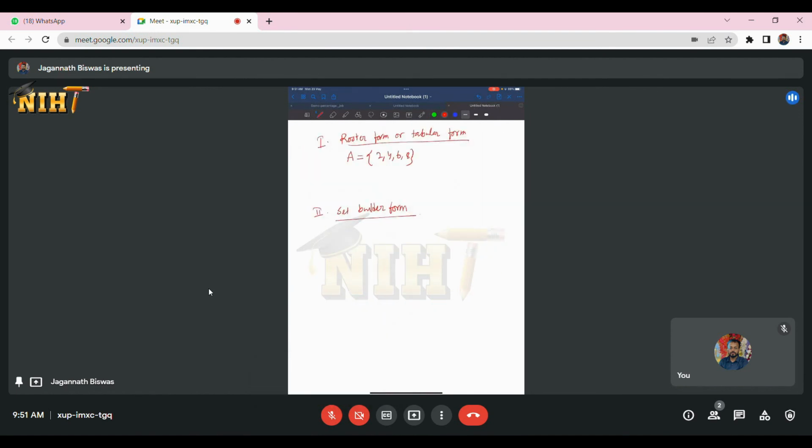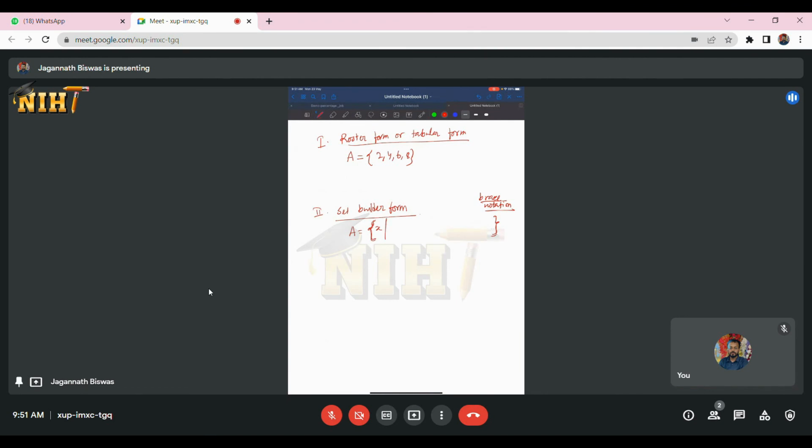But in set builder form, the same set will be expressed as, see, the concept is, give a brace notation first. This second bracket, some of you call it second bracket, but the actual name of it is brace notation. So inside the brace notation, first write x.